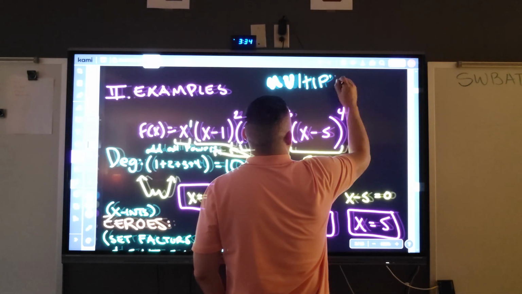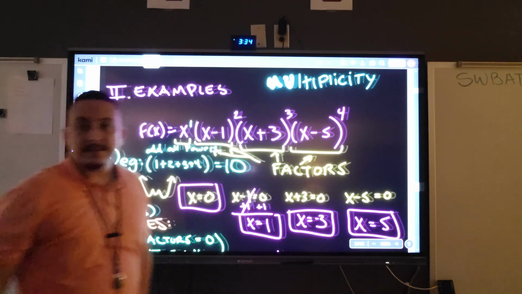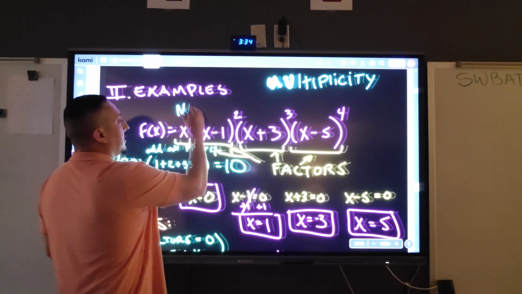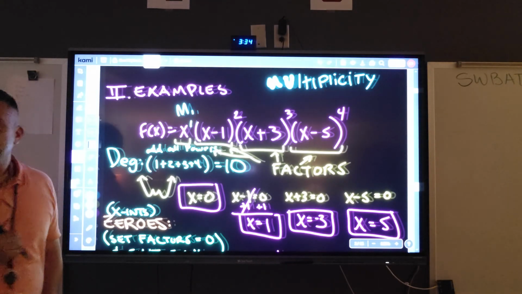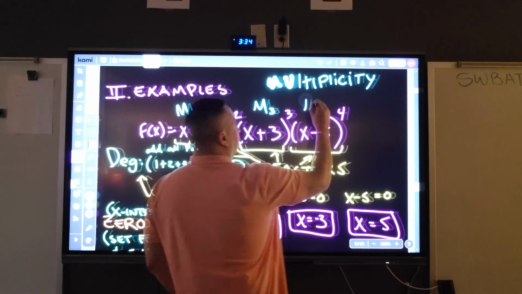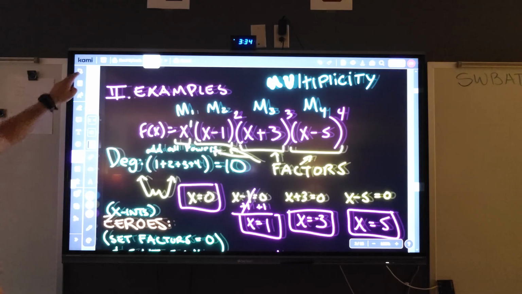Multiplicity. Remember, those are the powers of these. So this is a multiplicity of 1, because it's a 1 power. Multiplicity of 2, multiplicity of 3, multiplicity of 4.